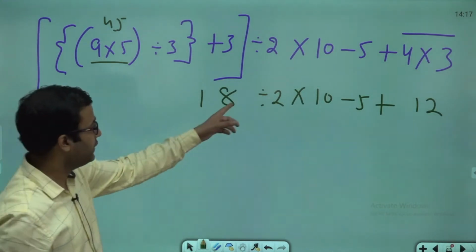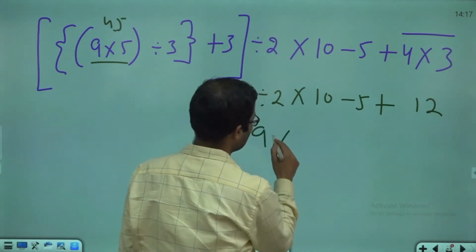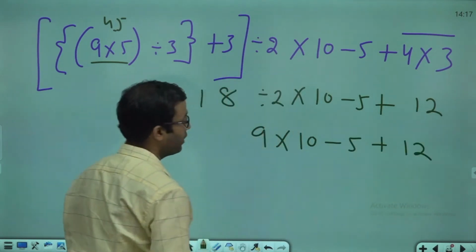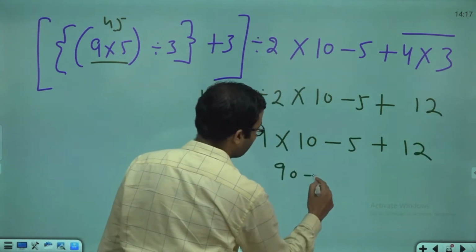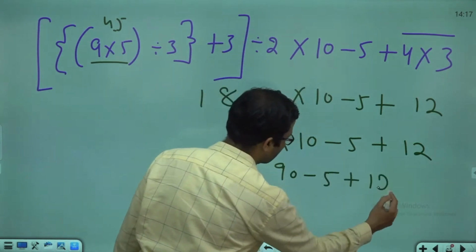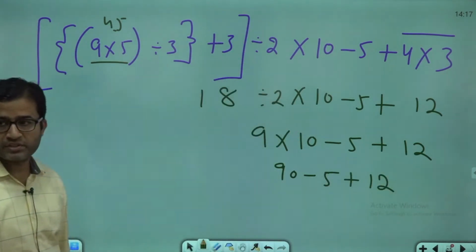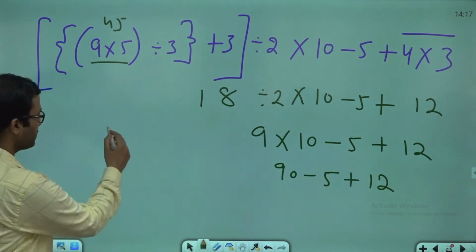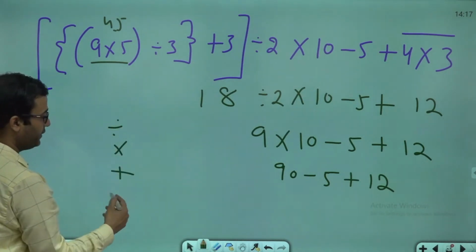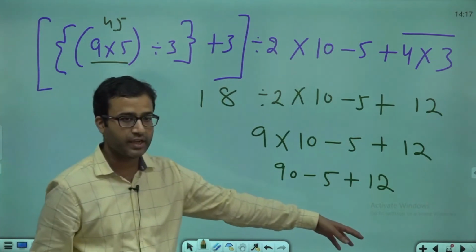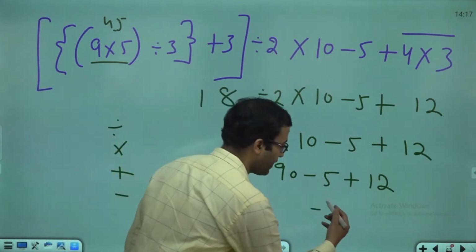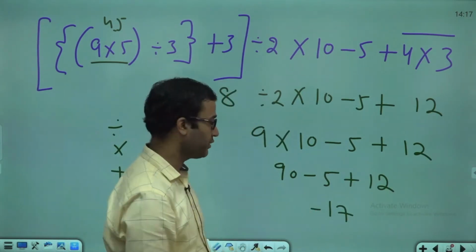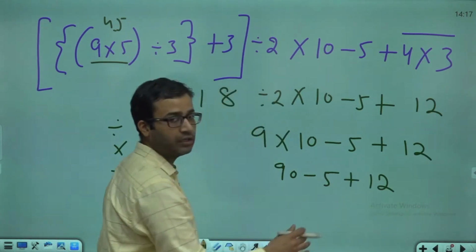Then division, 18 divided by 2 is 9, multiply with 10, minus 5 plus 12, so this is 90 minus 5 plus 12. One mistake I have seen some students make: here we have division, multiplication, addition, subtraction, they add and say -17. But the point here is you are adding two integer values where one is negative, another positive.